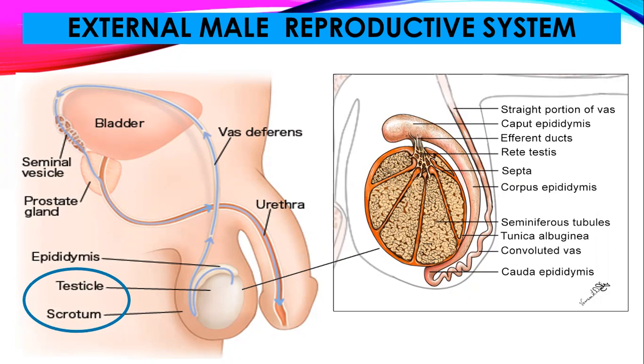The testes are also responsible for making testosterone, the primary male sex hormone, which is secreted by interstitial or Leydig cells. The testis also has the sustentacular or Sertoli cells, which support, protect, and nourish spermatogenic cells.